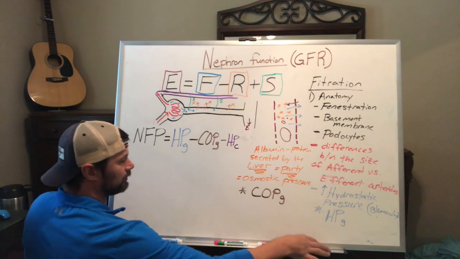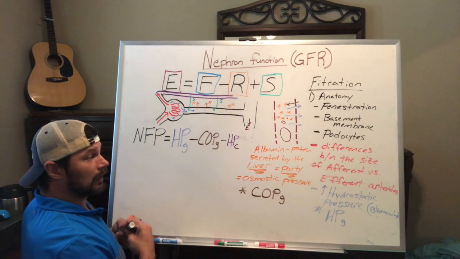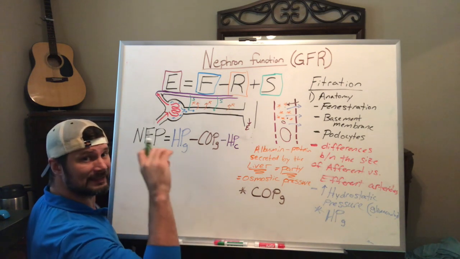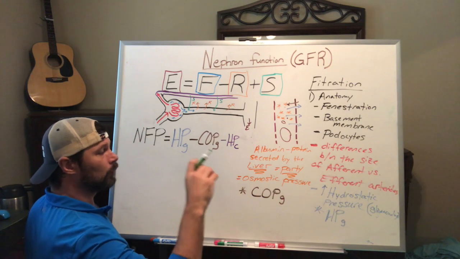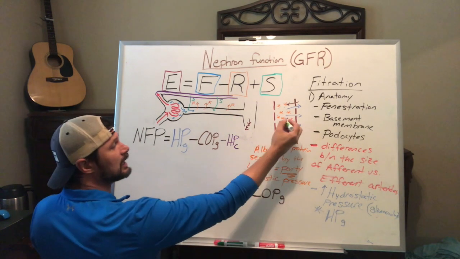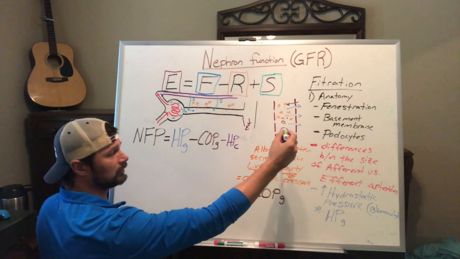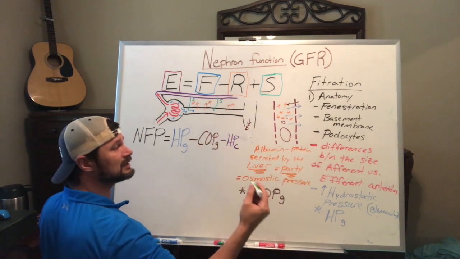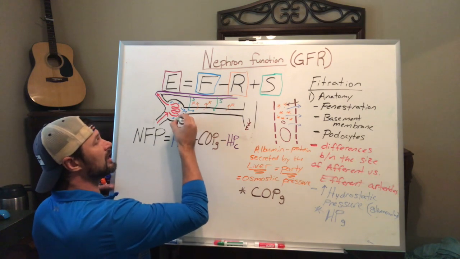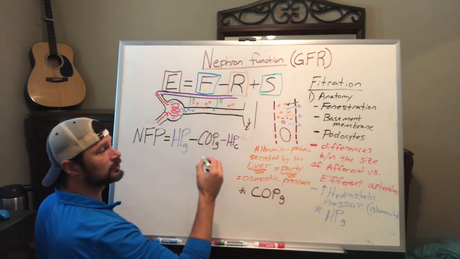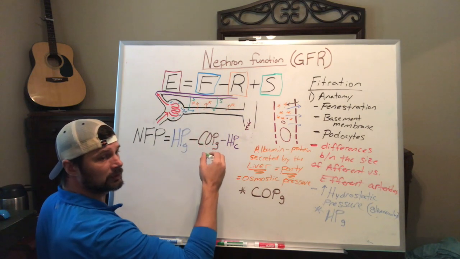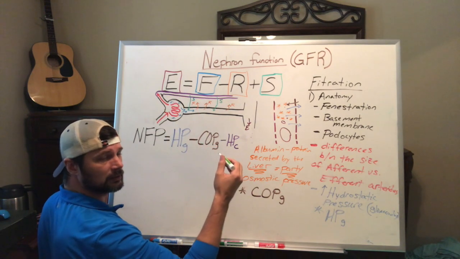And the last variable that comes into play, I'm going to lead this off by saying this variable is normally 0. What is normally 0? Well, what did I say we normally do not filter? There's all these things that are trying to prevent filtration of proteins. So we don't normally have proteins out in the Bowman's capsule. But if there were proteins out here in the Bowman's capsule, wouldn't there be a party out there?